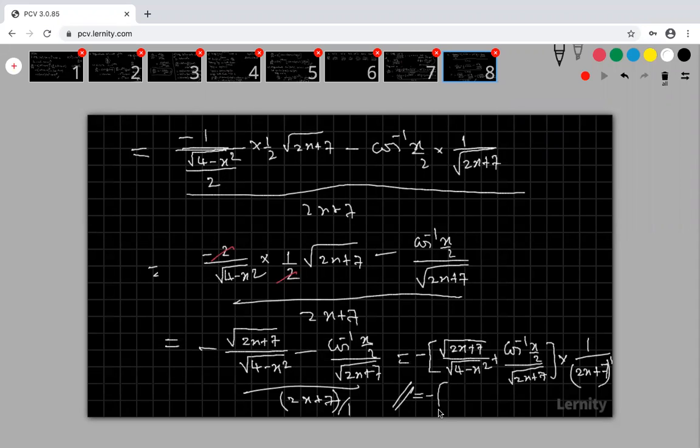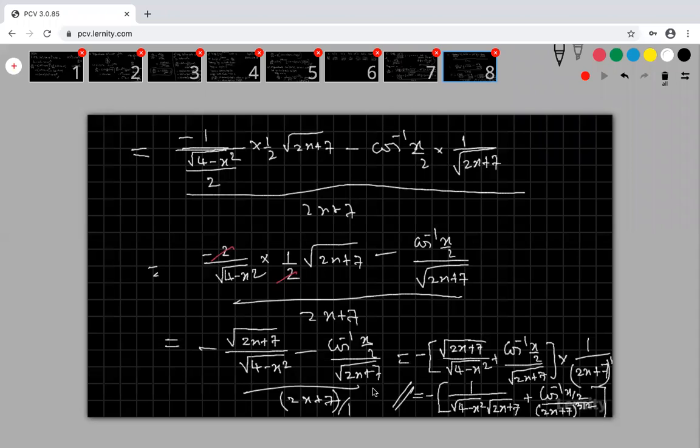This is minus 1 by root over 4 minus x square into root of 2x plus 7. This is plus cos inverse of x by 2 divided by 2x plus 7 the whole power 3 by 2. Please take that. This is our answer.